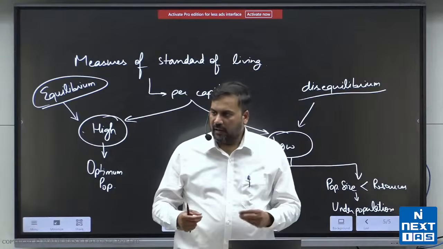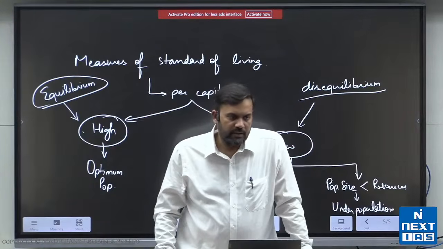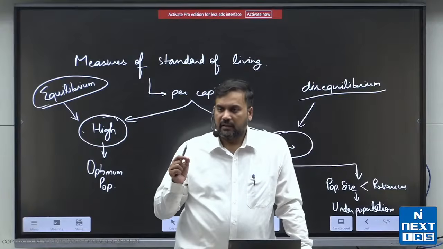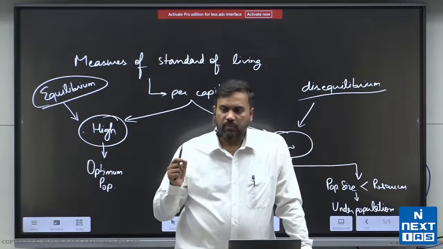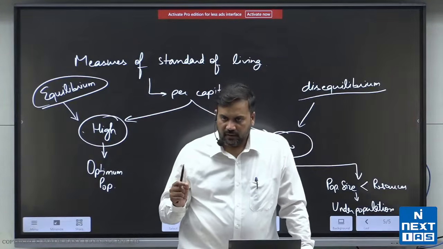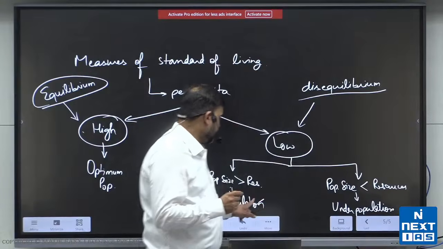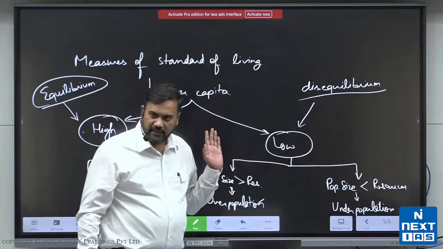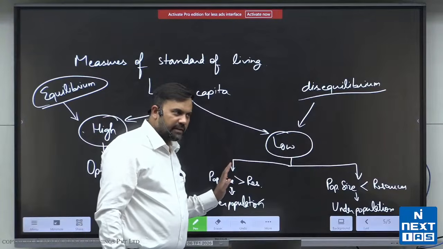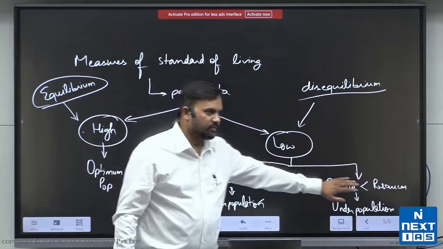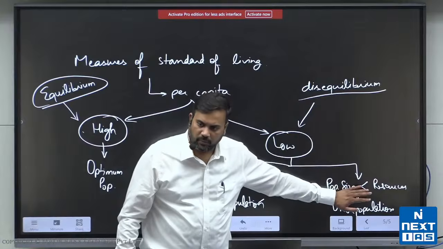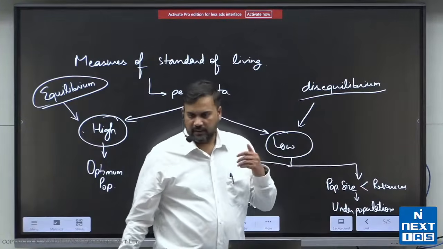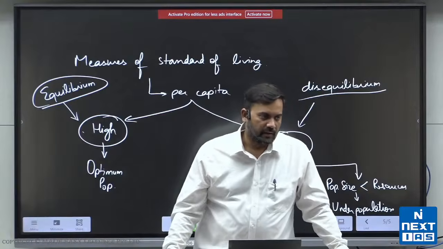Now, how will I identify which? I will use a secondary criterion, population density. Overpopulation will be characterized by a higher population density, and underpopulation by a lower population density. So I can very clearly identify whether it is overpopulated or underpopulated.